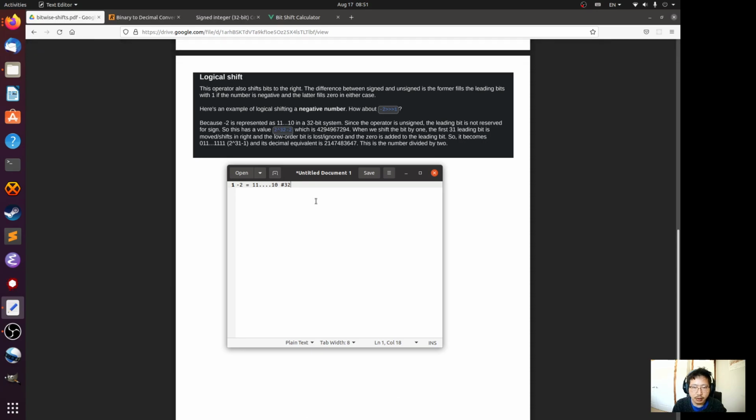Since the operator is unsigned, the leading bit is not reserved for sign. So once we have converted minus 2 into binary, beyond this point, we don't recognize the sign bit.